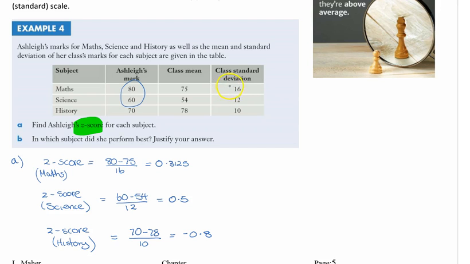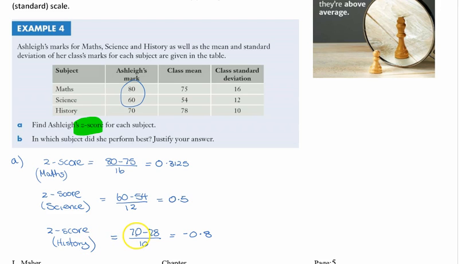How spread out were these scores? So the 60 is compared to 54, but with a smaller standard deviation, and 60 subtract 54 divided by 12 is 0.5. So on a scale of 0.3, 0.5, you can see here she's got a higher Z-score in science.